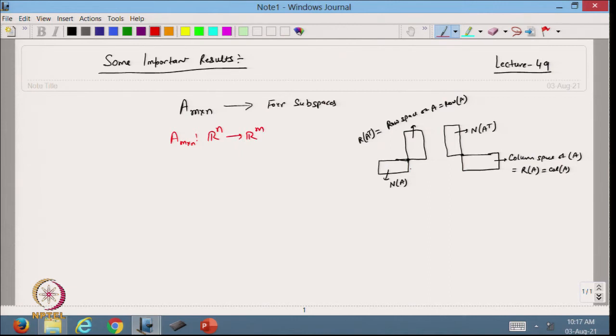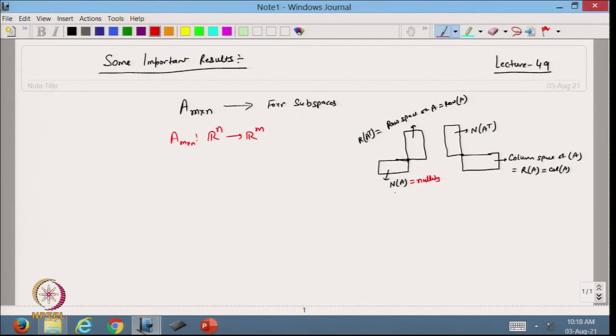The rank of A is R, and this is the nullity. Maybe I can write it not like this one.